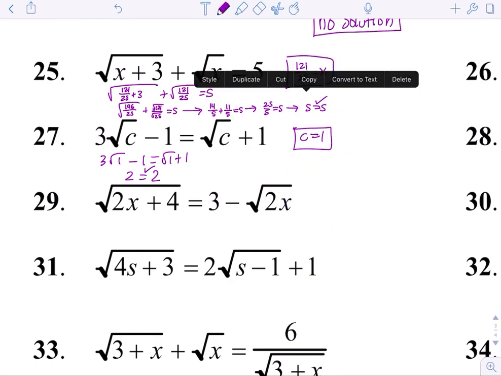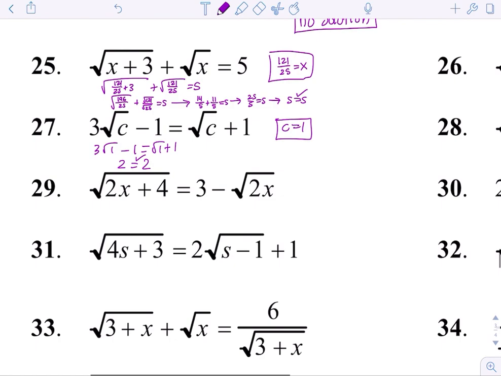Okay. Last one. Oh, perfect. It's already isolated, so now we can take the second power to both sides already. We're going to get 2x plus 4 is equal to 9 minus 6 radical 2x plus 2x. I'm going to subtract 2x from both sides. They both cancel.